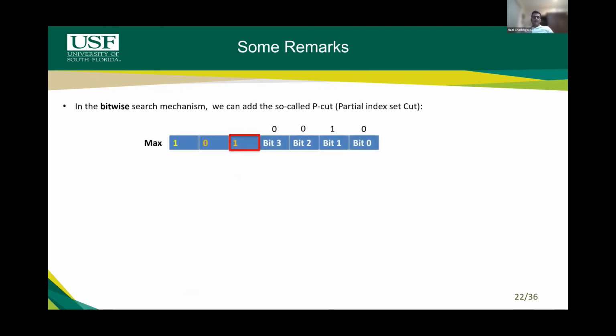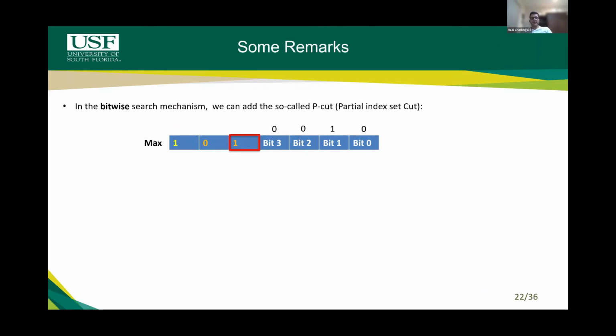You can change this cut slightly to get a different cut. I call it the p-cut. The p-cut is similar to the previous cut. The only difference is that I first check the solution and look at the bits that are not yet explored to find the most significant bit whose value is 1.